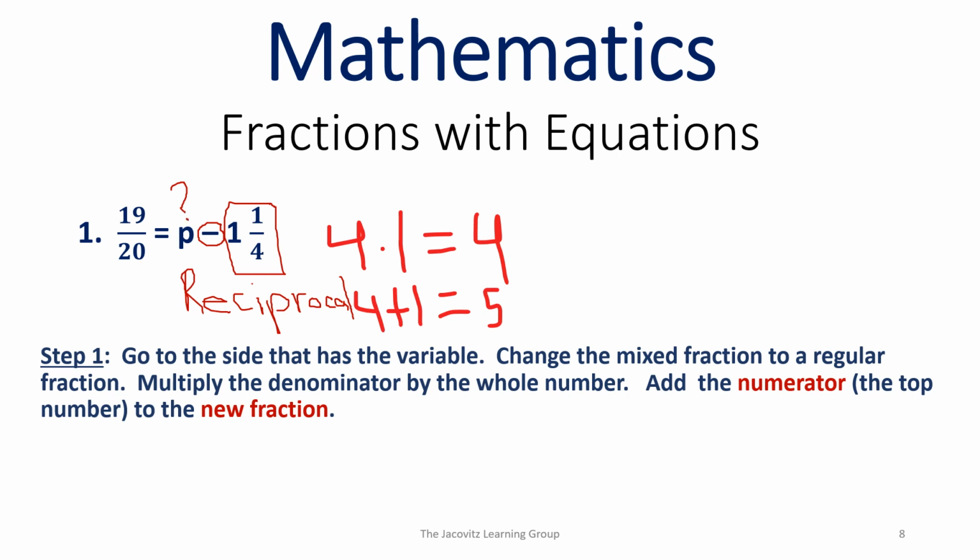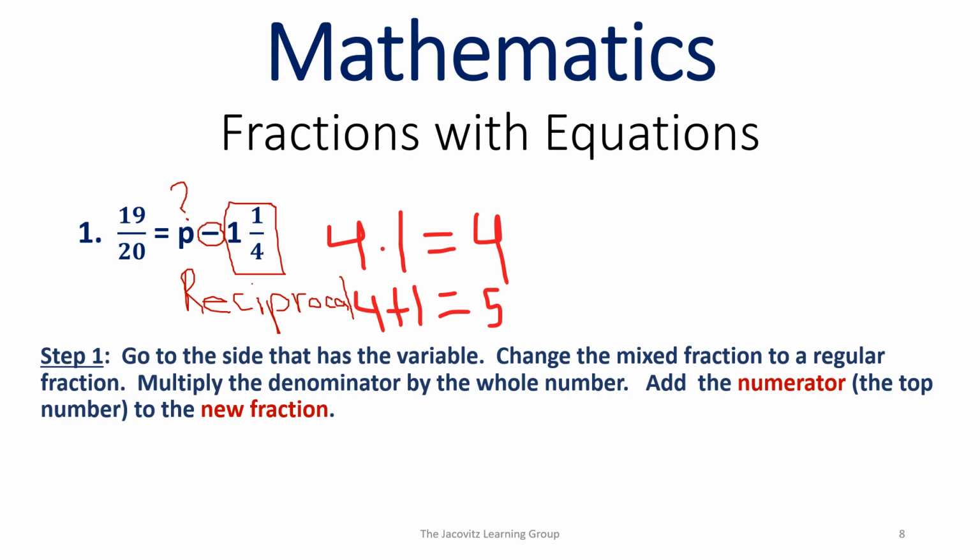So the instructions say go to the side that has the variable, that's this side. Change the mixed fraction to a regular fraction. And here's what you do, and then it gives you the steps. So I'm just going to do them for you. Once again, there's my crooked hand, but here you go. I'm going to do this part in purple.